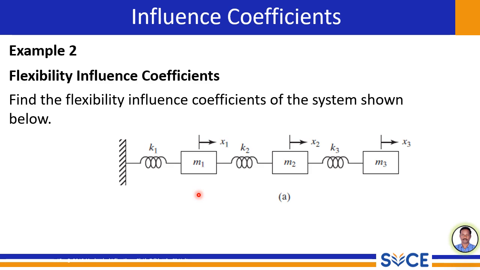As we discussed, the flexibility influence matrix is the inverse of the stiffness matrix K. Therefore, one way to find the flexibility influence coefficients for this system is to take the inverse of the stiffness matrix that we derived in the previous examples.